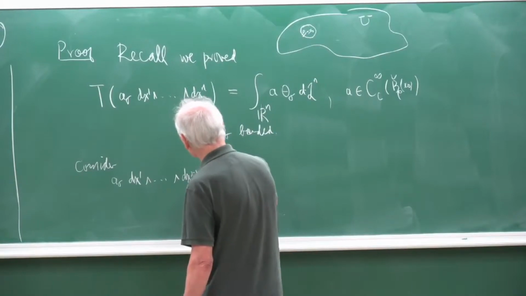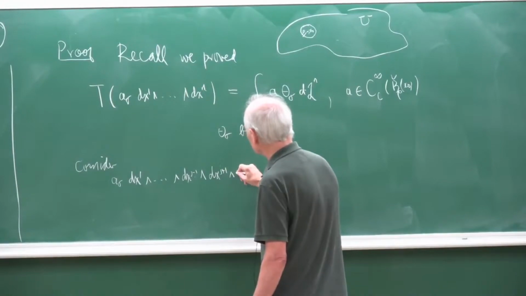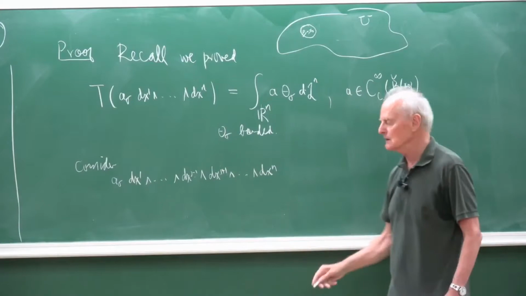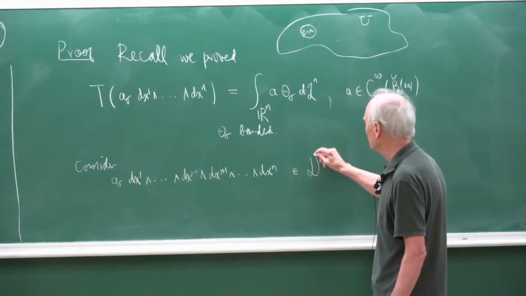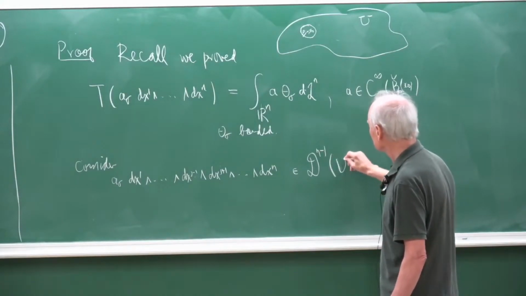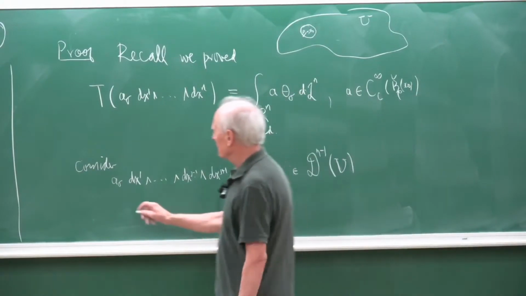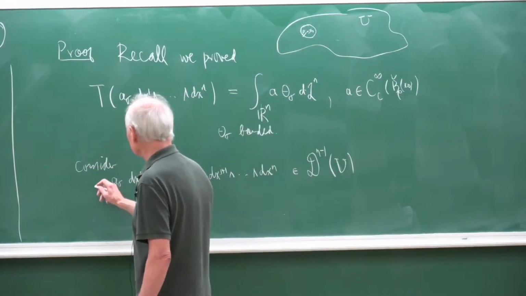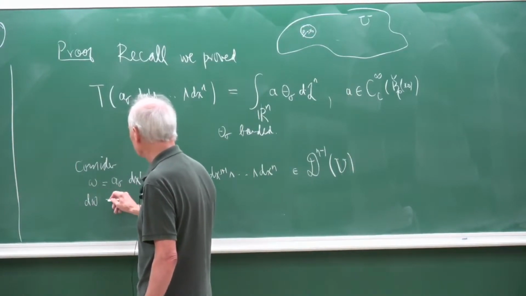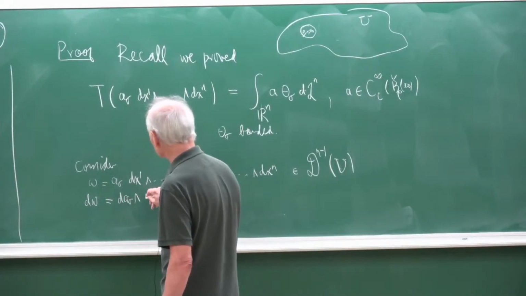So it's dxj minus 1, dxj plus 1, up to dxn. Notice dxj is missing here, so this is an n-1 form. Let's compute d of this. Call this omega. And d of omega is equal to d A sigma wedge with this.